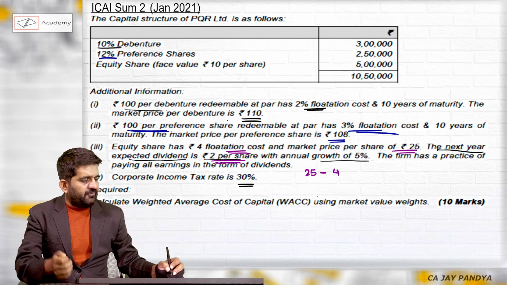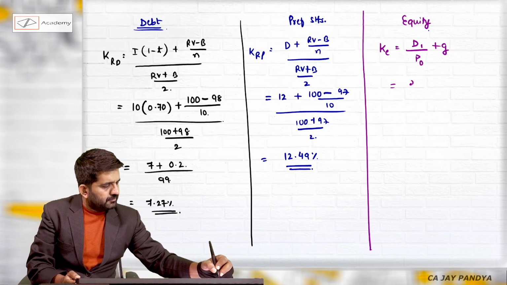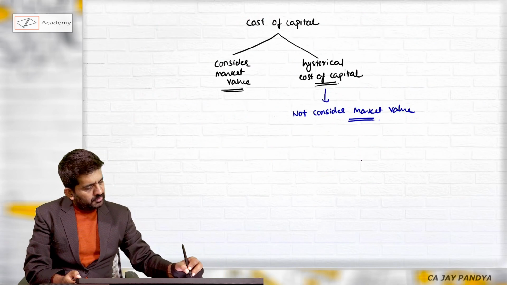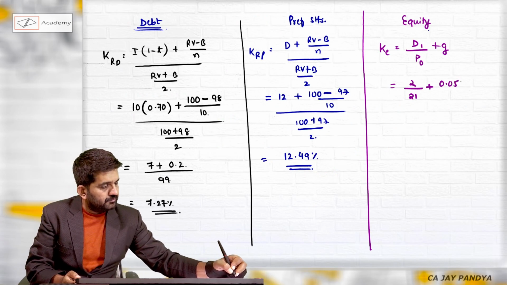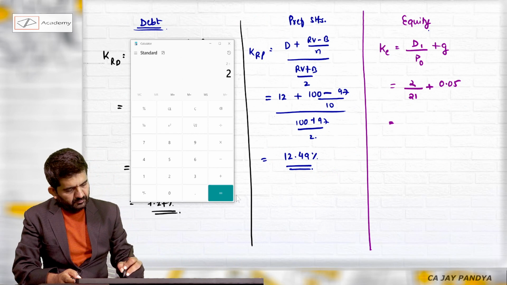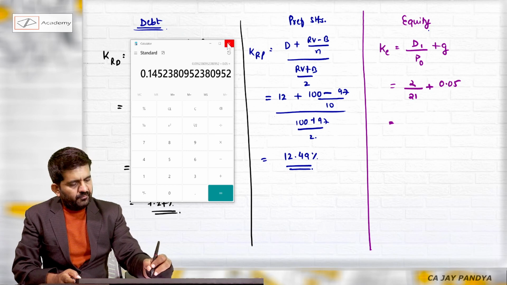Here we cannot take face value. 21. 2 divided by 21 plus growth rate is 5%, which is 14.5%.